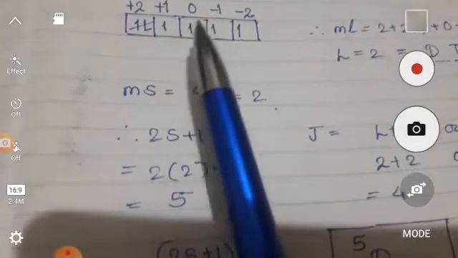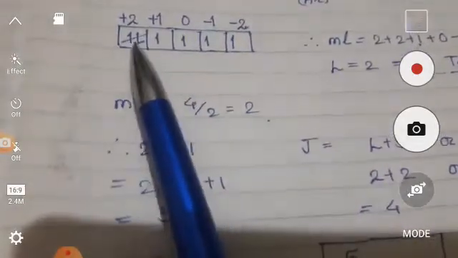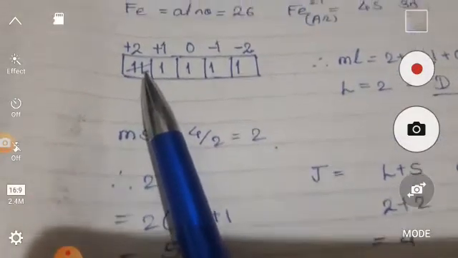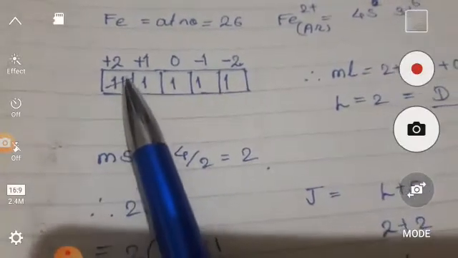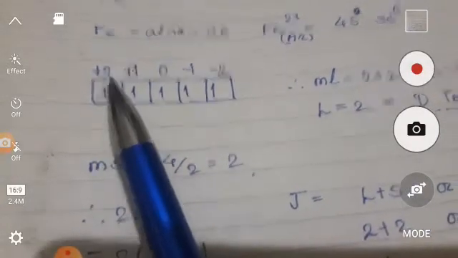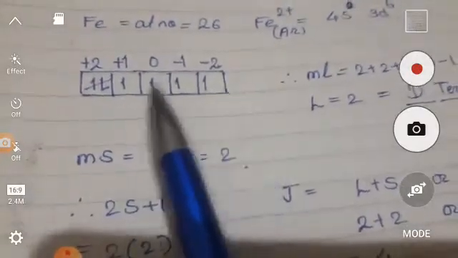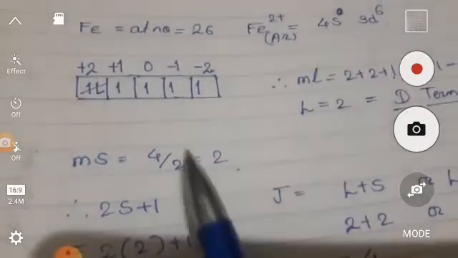So ms is equal to 1, 2, 3, 4, 5. There are 5 electrons which show positive spin, and this one electron shows negative spin, that is minus 1 by 2. But the positive spin plus 1 by 2 and minus 1 by 2 get cancelled, and that's why there are only 1, 2, 3, 4 electrons which show positive spin. So there is 4 by 2 is equal to 2.